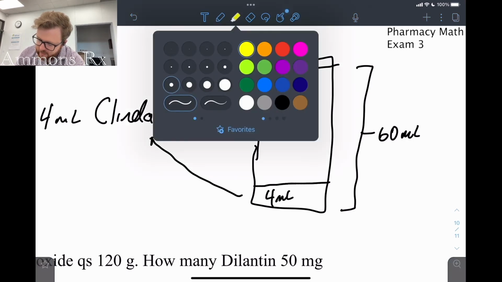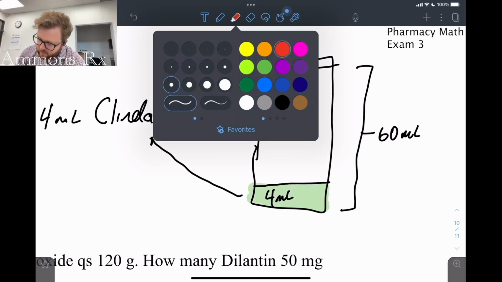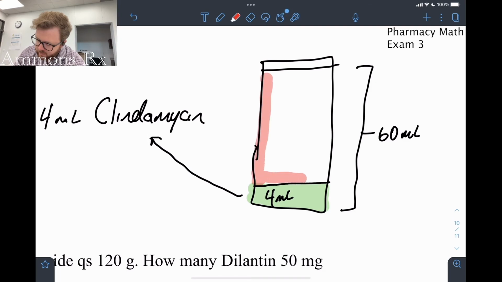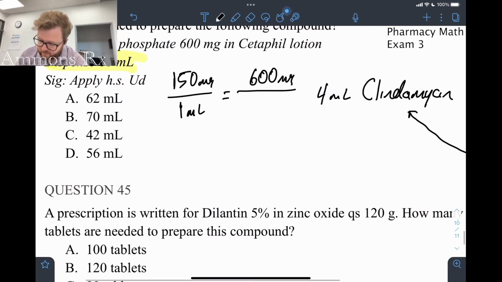I'm going to color it green. So you need to find what this is. How do you think you can do that? It's pretty simple. All you need to do is figure out the difference. What is 60 minus 4? That's 56.